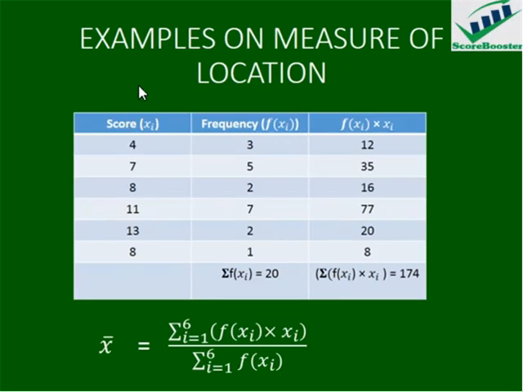If you want to find the mean of ungrouped data, you sum up all the items in that data. Here 4 occurs 3 times.